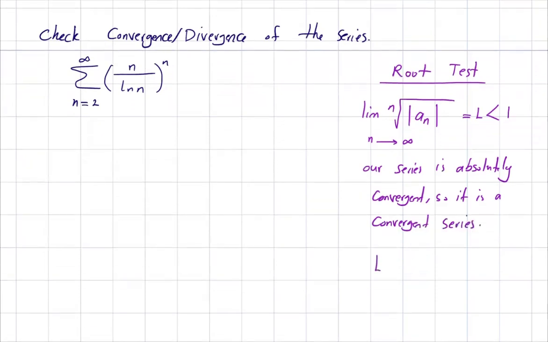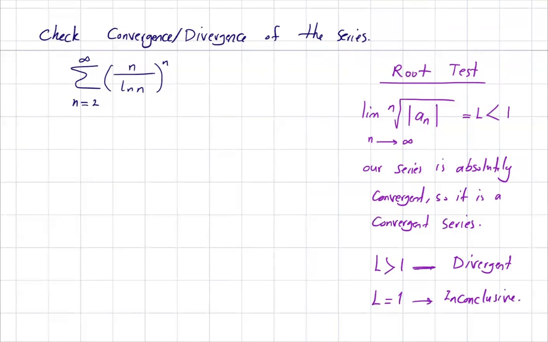However, if L is more than 1, you get a divergent series. And if L is equal to 1, the test is inconclusive. It means that the test doesn't work. We have to use a different technique, a different method.